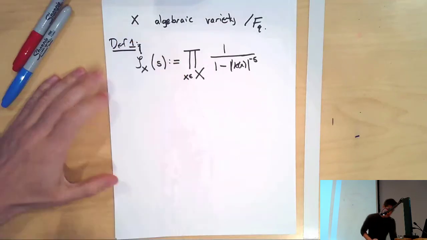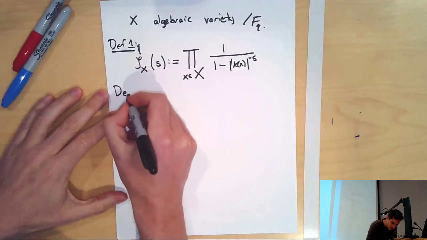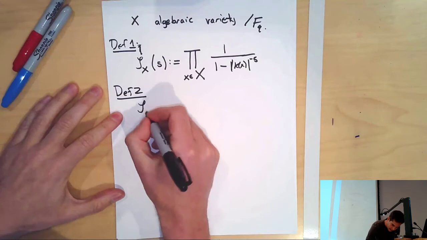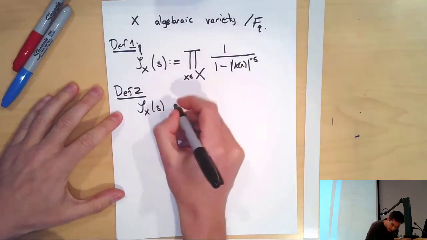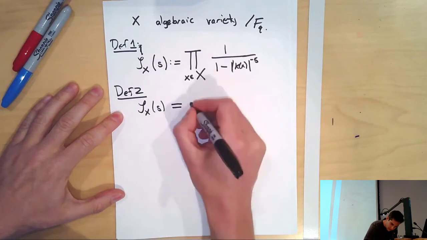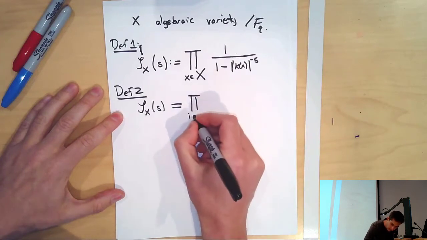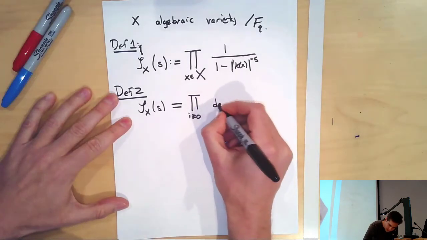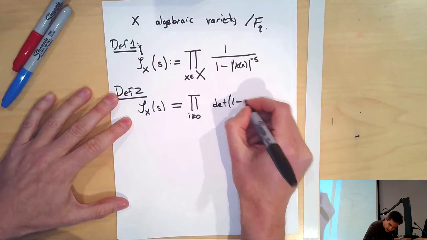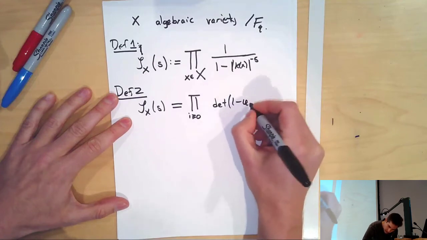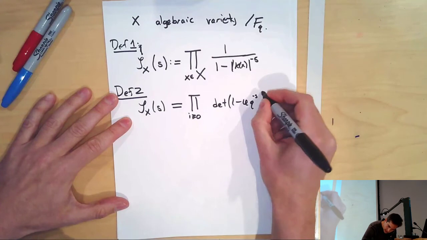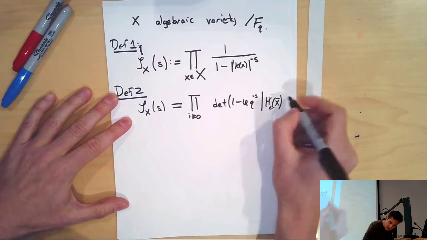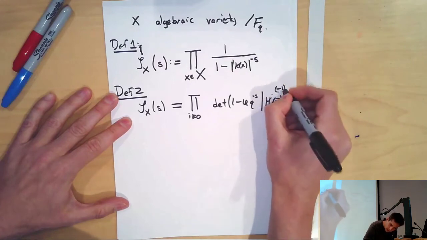which is very concrete. Definition 2, slightly less concrete, is that zeta X of s is something that I'll write as a product over i greater than or equal to 0 of the determinant of 1 minus the Frobenius times q to the minus s on the ith cohomology of X, and it's some kind of alternating product.